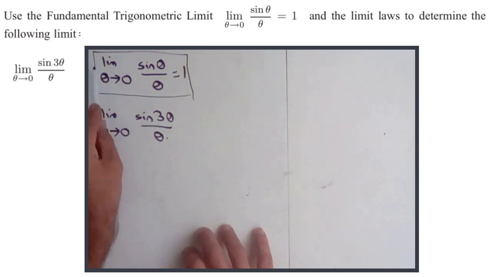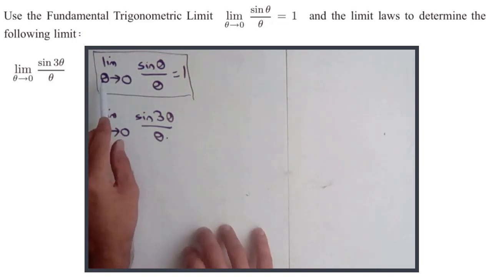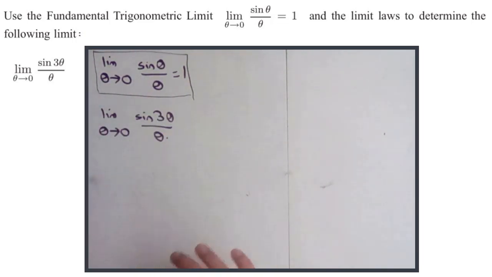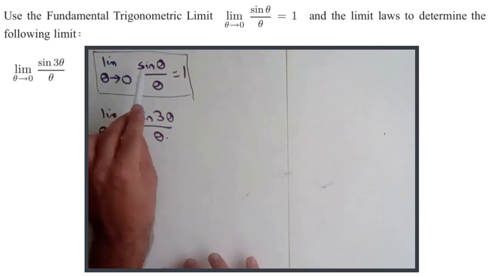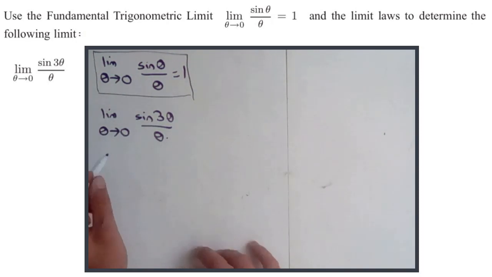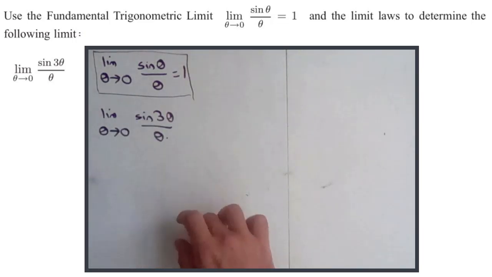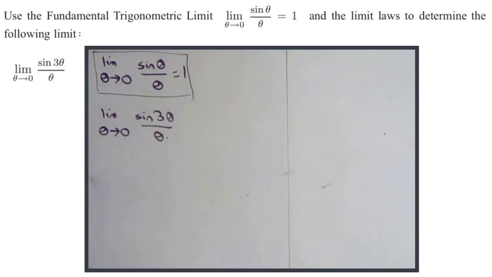We're not going to be able to apply this limit unless we have the same argument of functions, or the same input basically. So we need this to be the same thing here, here and here. It's not going to be feasible to turn everything into theta, because to turn sine 3 theta over theta is not going to work.